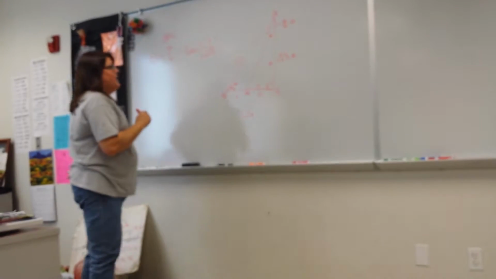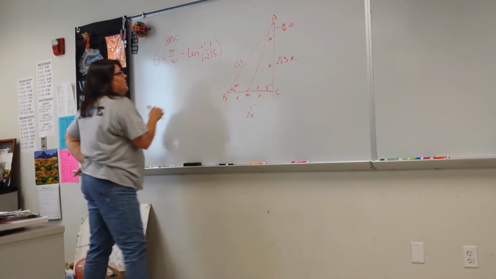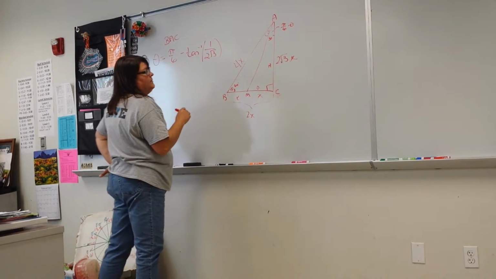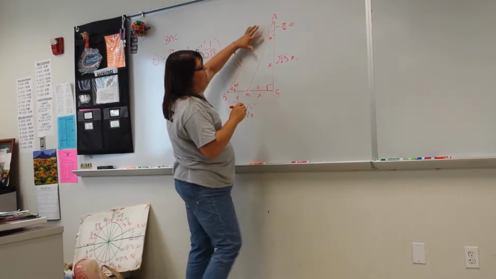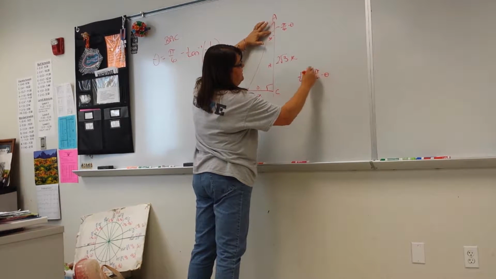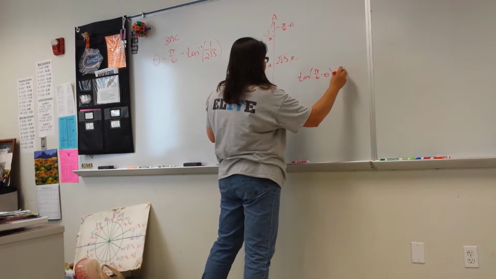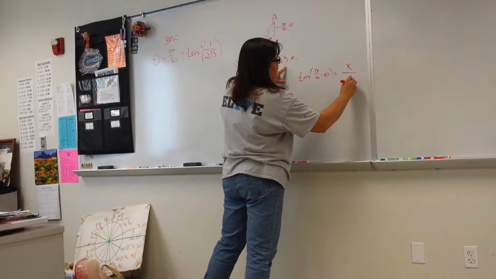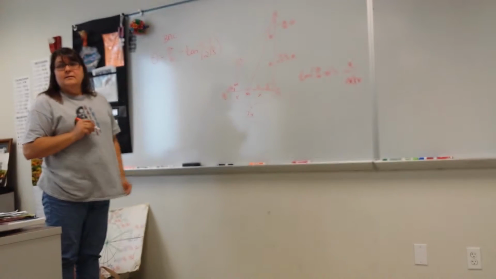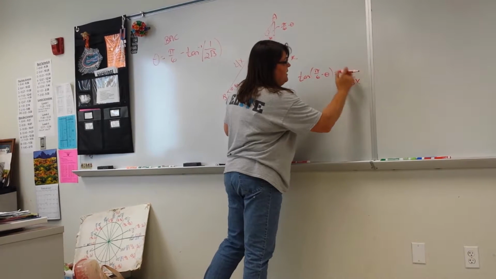And you told me it was BAC minus MAC. So it's the tangent of pi over 6 minus theta, equal to opposite over adjacent. So what happens with the x's? They cancel and become a 1.